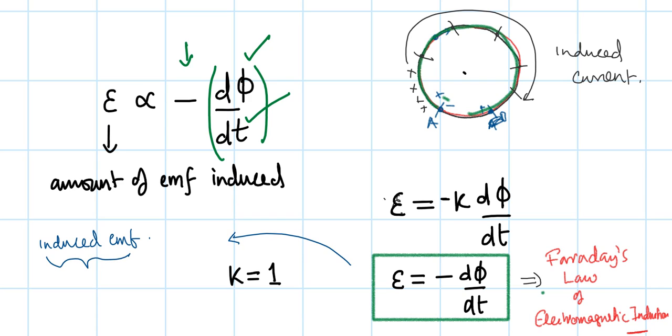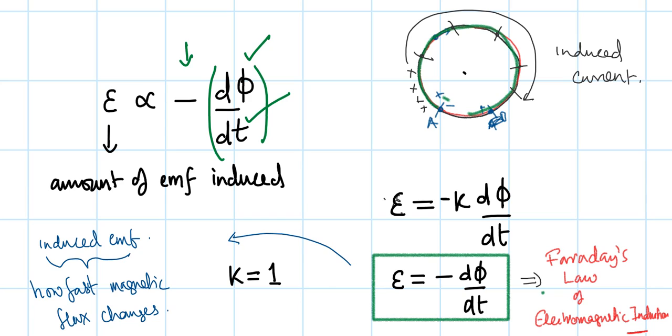To know the value of the induced EMF, we need to know how fast the flux through the coil changes. So induced EMF is actually equal to how fast the magnetic flux changes.